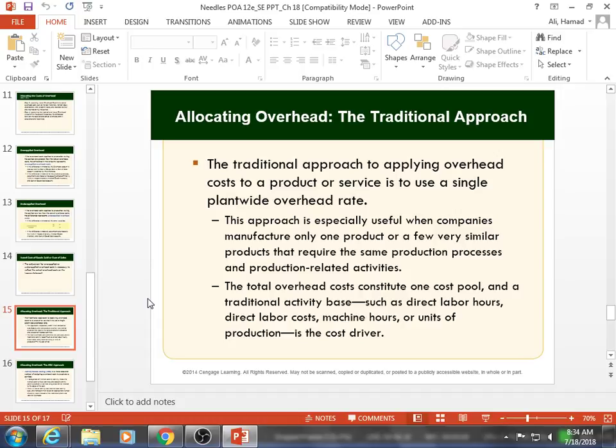Each department has its overhead rate, in the same formula: the estimated overhead divided by the activity in that specific department. Whereas in the traditional approach they use one rate for the whole factory. The whole factory is one pool: the overall estimated overhead divided by estimated activity units. That's the traditional approach.